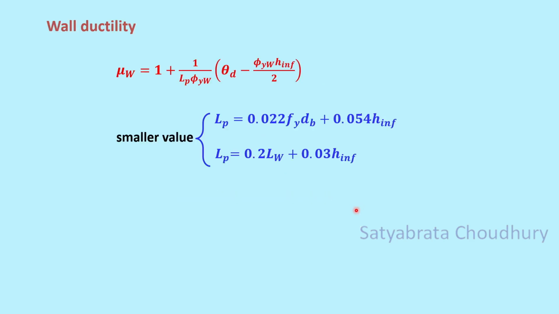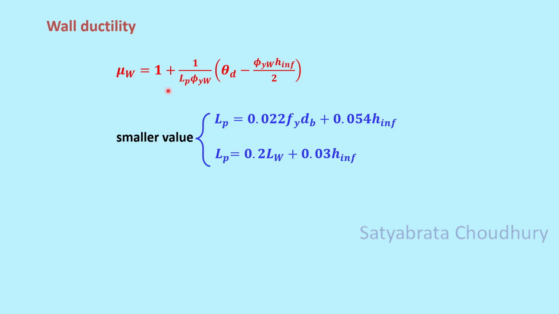Then you have to get the wall ductility. The formula is: wall ductility mu w equals 1 plus 1 by LP phi yw, times the design displacement theta d, and these factors are known to us already. We shall take up the expression for phi yw shortly. Now, LP is the length of the plastic hinge.